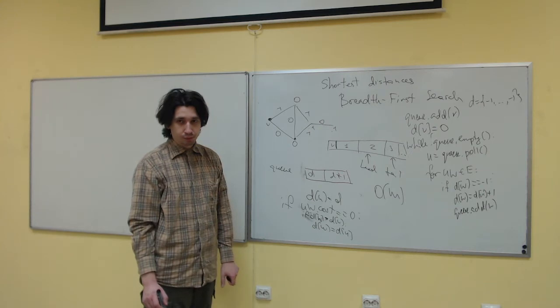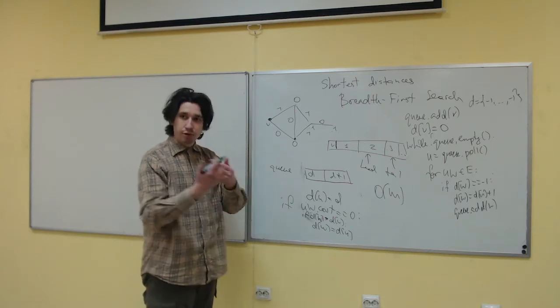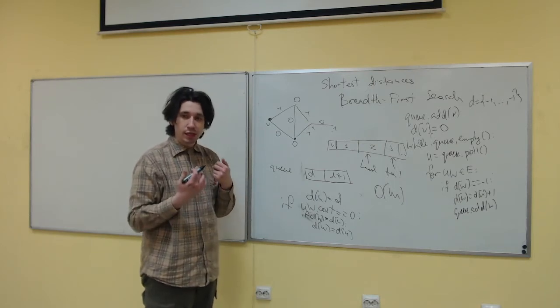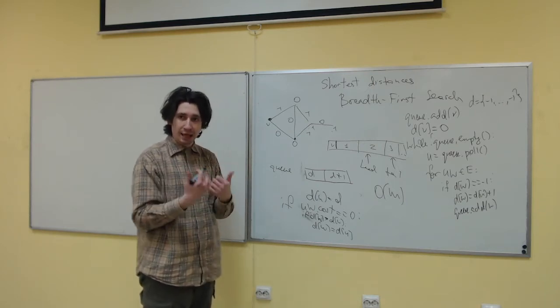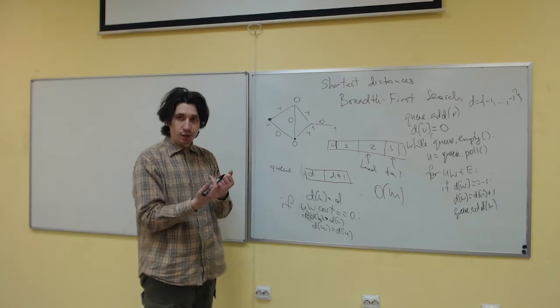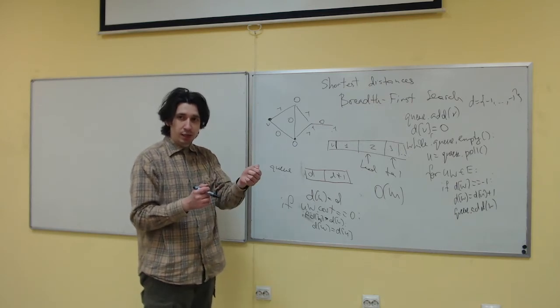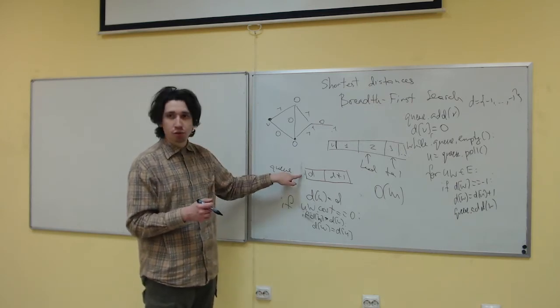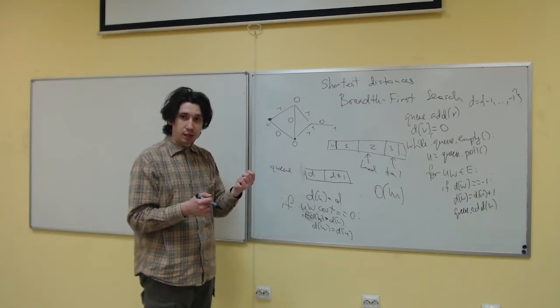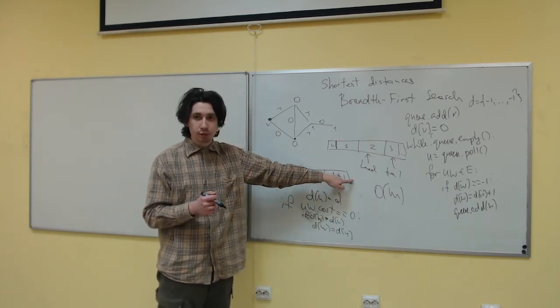So maybe we should add it to the structure which stores all the d's. Yeah, so we just add it to the front. So it will now become not a queue but a deque. There are two options. If the edge weight is 0, then we should put the vertex to the left. If it is 1, then we should put it to the right.